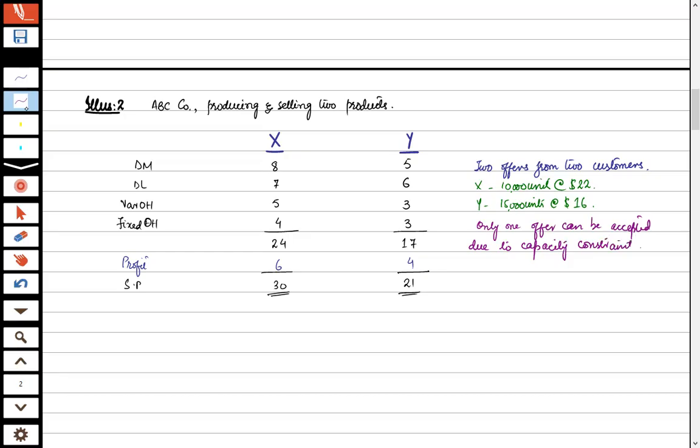Now you have an idea of the requirement. The requirement is which offer should be accepted and which should be rejected.